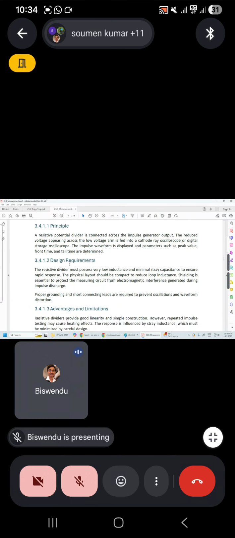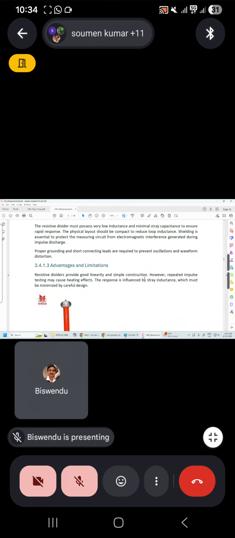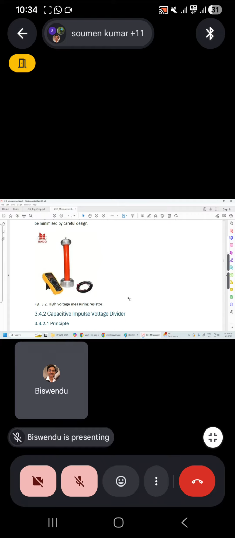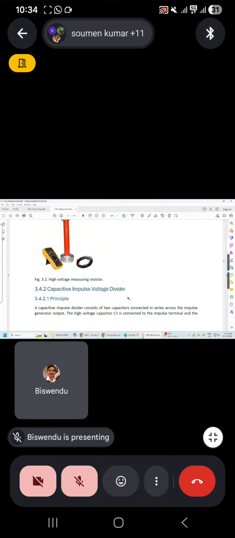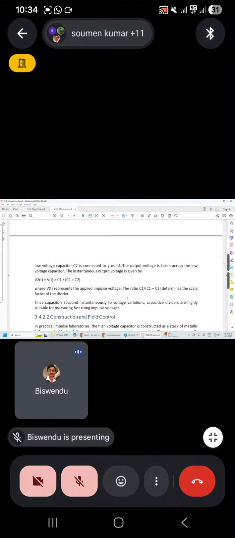There are design requirements. The resistive divider must possess very low inductance and minimal stray capacitance, so it is very costly. A high voltage measuring resistor looks like this. A capacitive impulse voltage divider is C1 by C2.